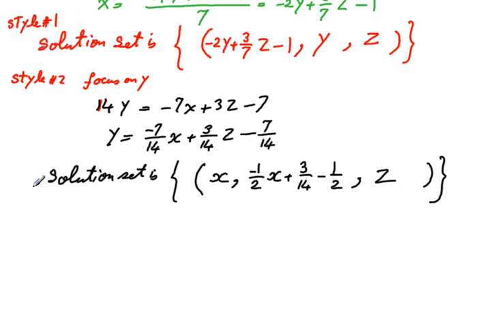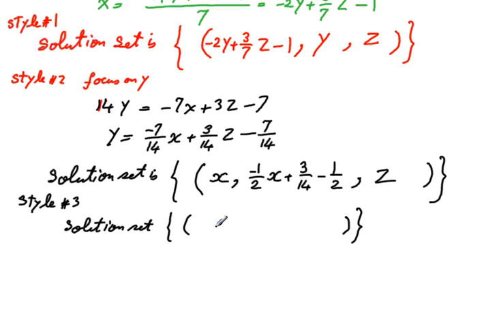And there is still a third style, which I let you do. In that case, the solution set has two of the variables turned into parameters. X and y are turned into parameters, and then you figure out what this one is going to be. So that's part of your homework.